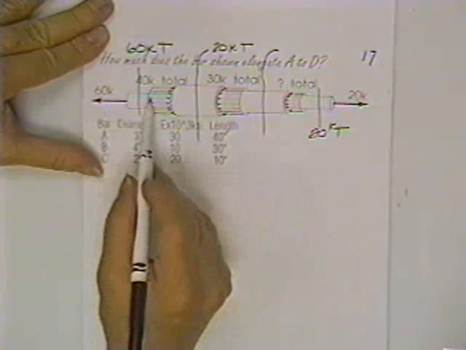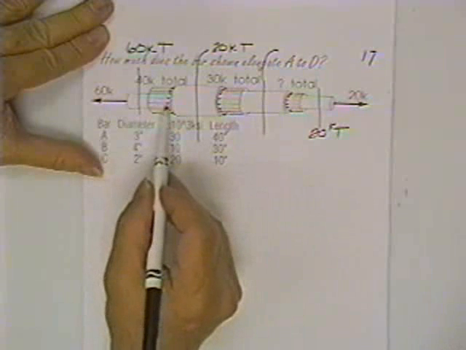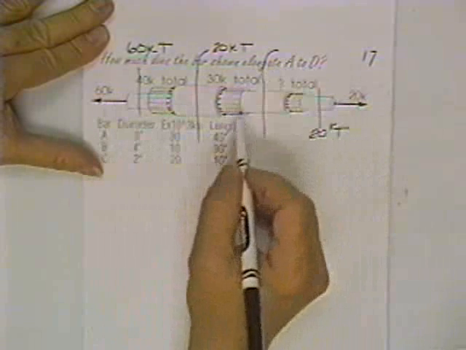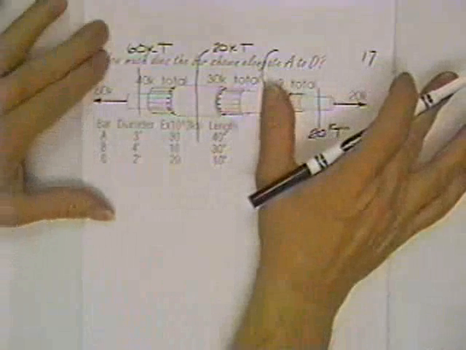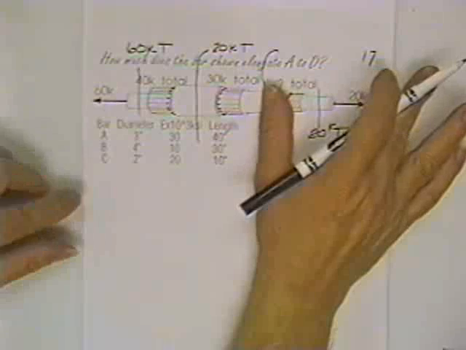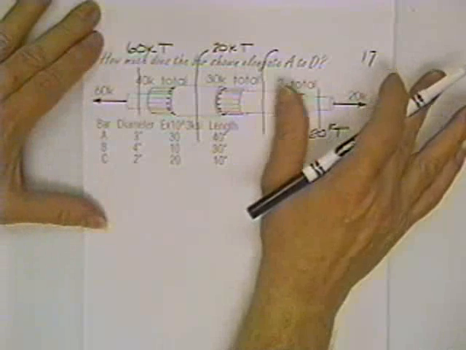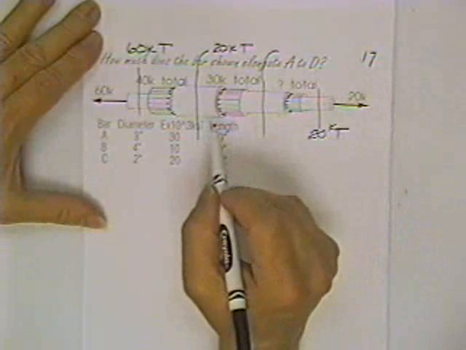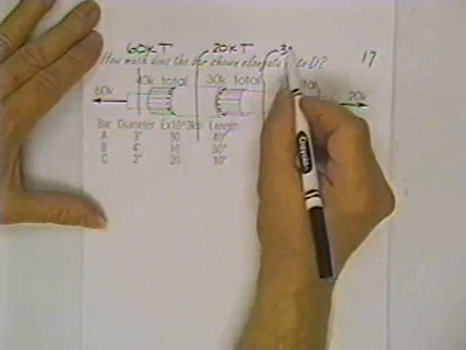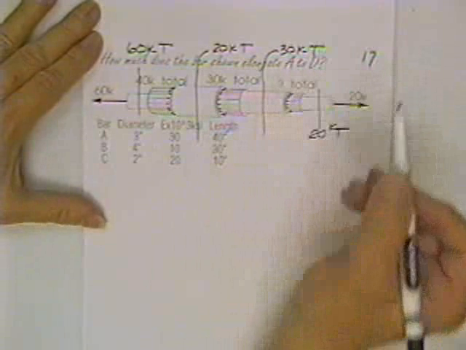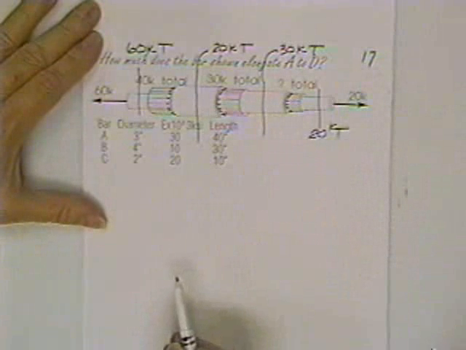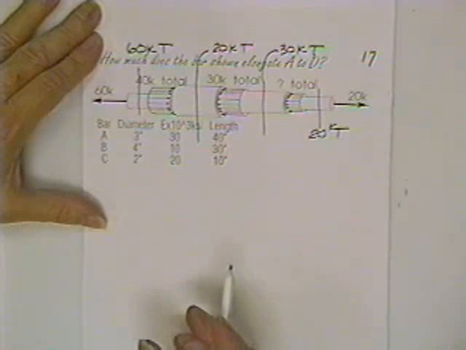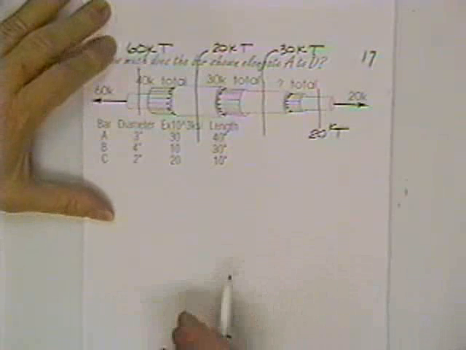That's a total of 70. 40 is pushing to the right. 40 isn't winning, the 70 is winning, and therefore I need in this section a force to the right to help balance the 40, and so it's 30 kips of tension. Some of those sections could be in compression and would be shortening. Some of the sections could be getting longer, and they would be stretching.